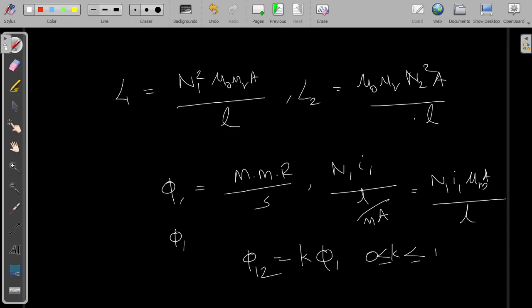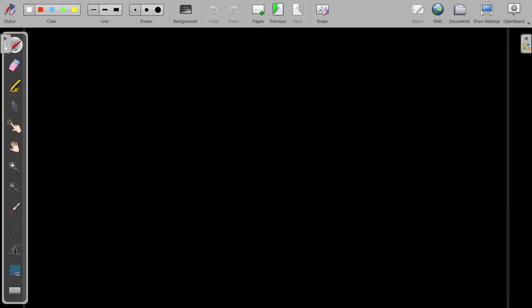Then the mutual inductance from coil 1 to coil 2, M12, is equal to N2, the number of turns of the second coil, times the portion of phi 1 linking with coil 2, that is phi 12, due to the current I1.